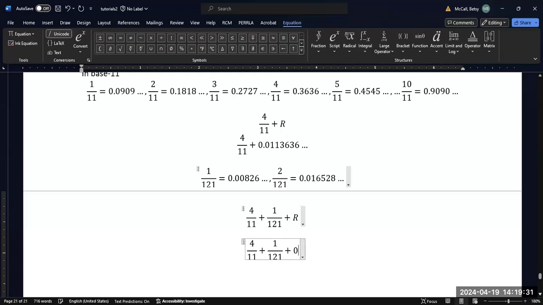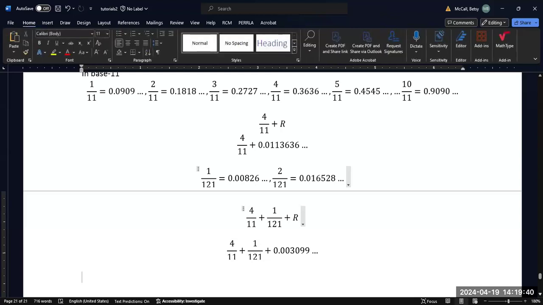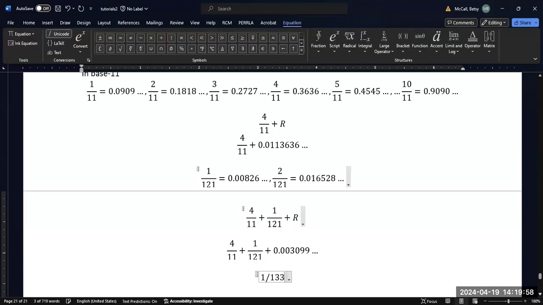And now I have 0.003099 and stuff. So what is the next power of 11? 11 cubed is 1331. So 1 over 1331 is going to be 0.000751.